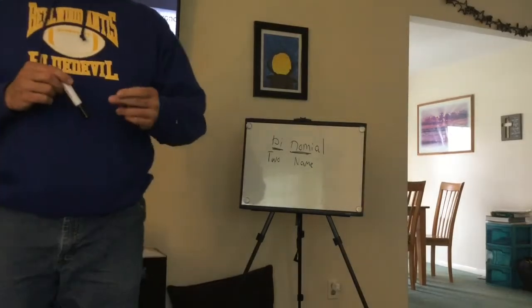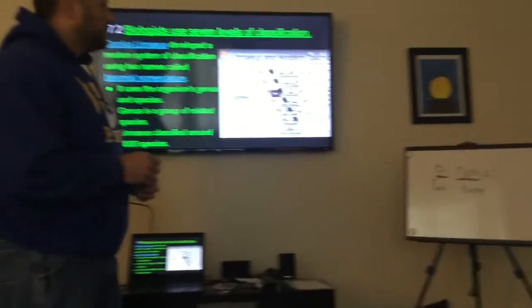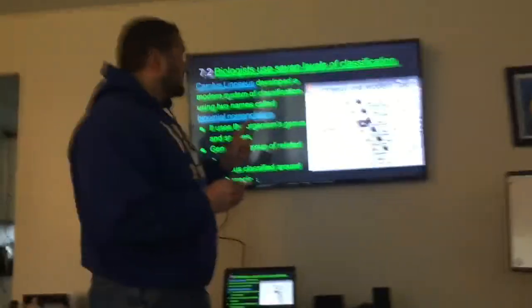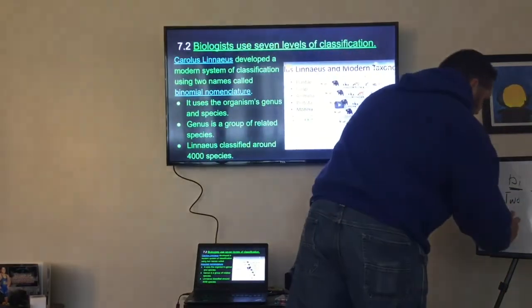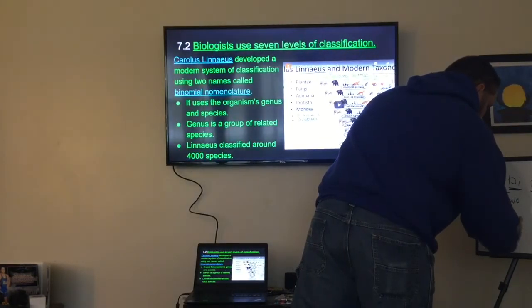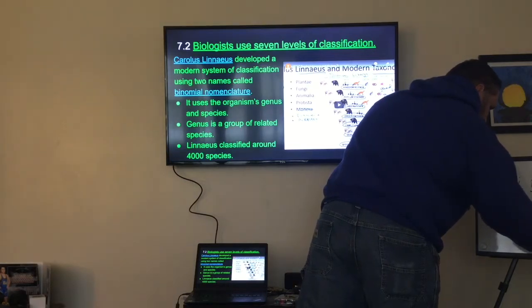So binomial nomenclature is going to be naming things with two names. Specifically, in this type of binomial naming, you're going to use genus and species.